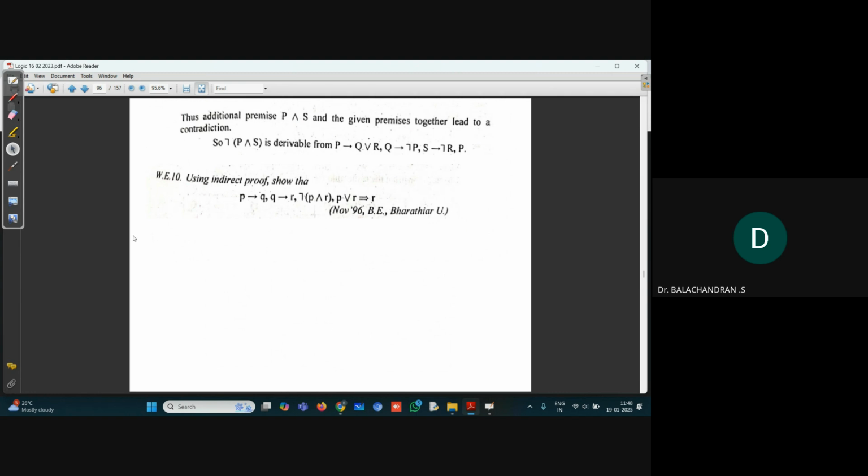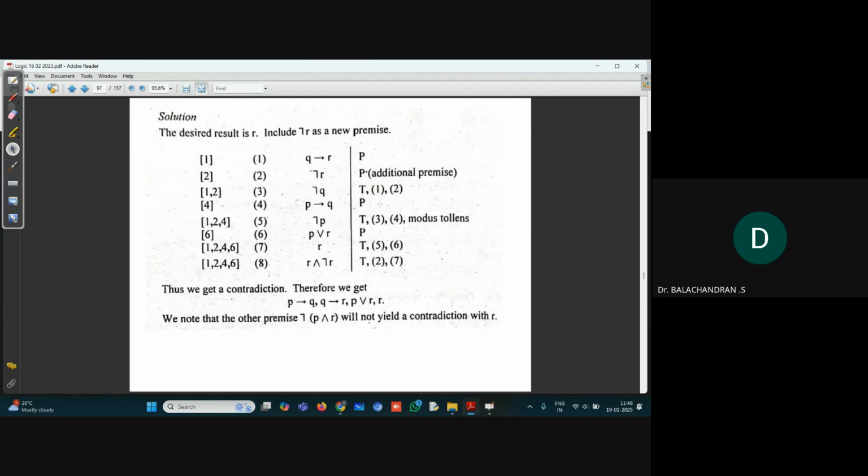Okay. So next problem: using the indirect method of proof, show that P implies Q, Q implies R, negation of P and R, P or R implies R. This problem has a slight doubt.